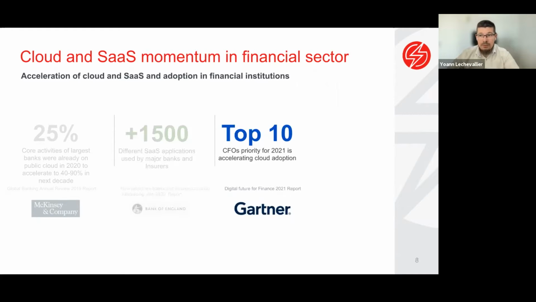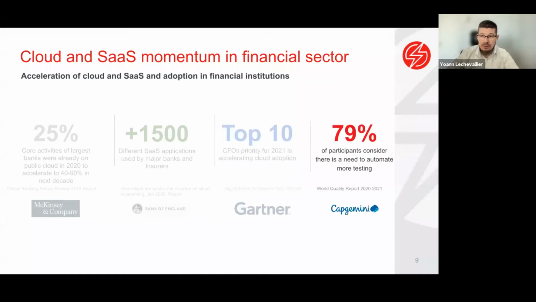But with that comes a challenge, and this challenge is certainly underlined in the Capgemini World Quality Report study carried out between 2020 and 2021, where basically all the QA and SDETs participated. 79% of them considered there is not enough automation done in testing. So the SaaS applications are not going to be independent from that. They are going to fall into the same problem as well.